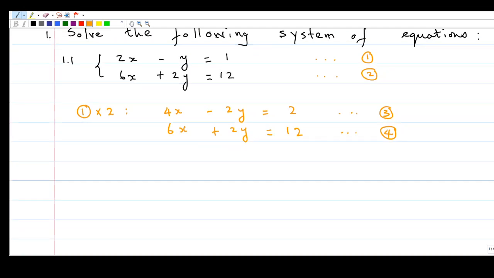Now, if we add equation 3 to equation 4, then we get 10x is equal to 14. Therefore, x is equal to 14 divided by 10, which is equal to 7 over 5.